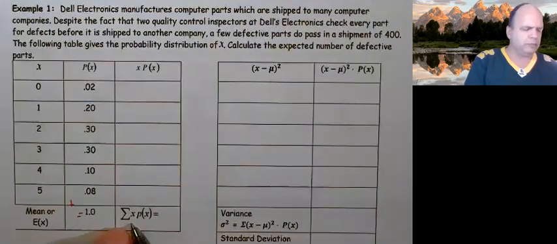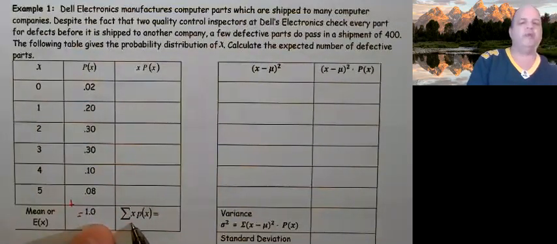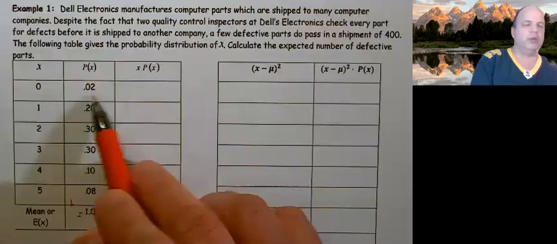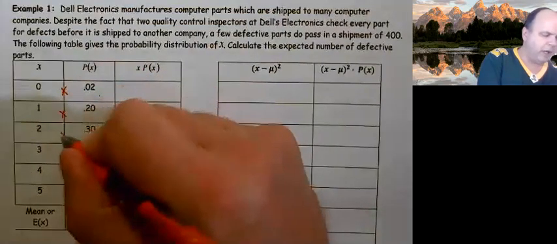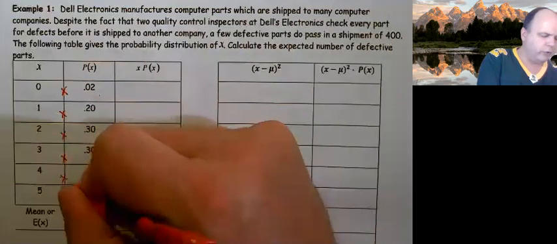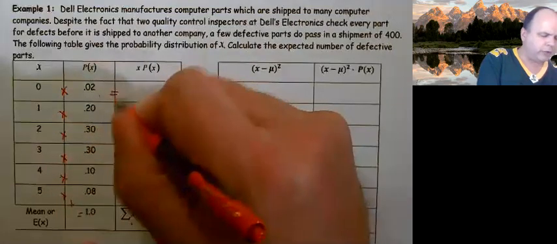Well, here's the formula that we had above for the expected value. So let's see if we can do this by hand. I'm basically going to take this column and multiply straight across, and then put an equal sign.